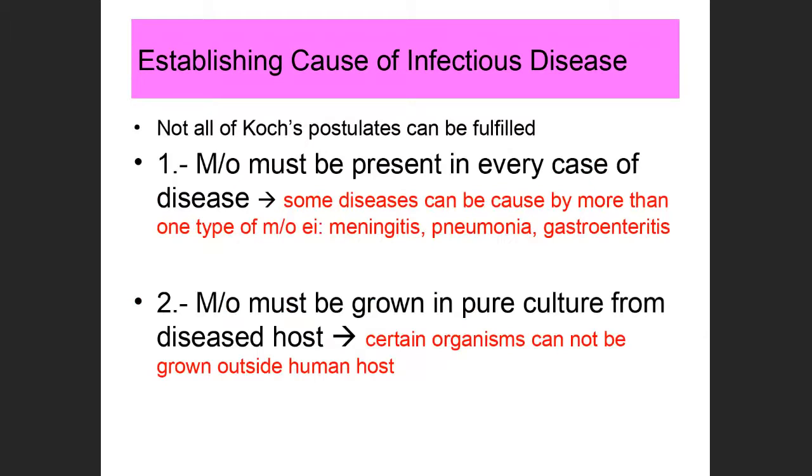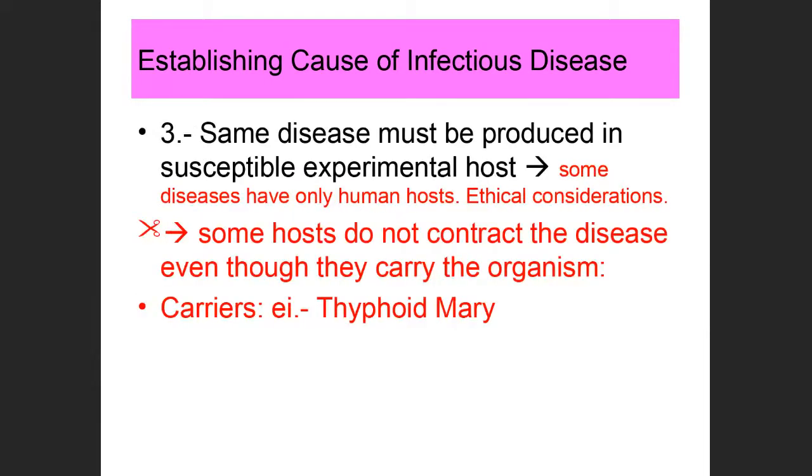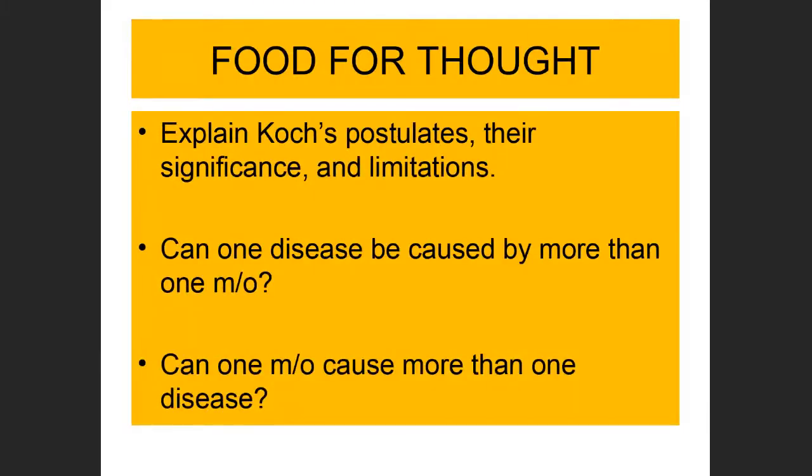You may hear at some point or another, HIV, it's never been proven that the HIV virus causes AIDS. And that is true because we have never done Koch's postulates with the HIV virus because of ethical considerations. But there are other means to show that a particular virus or microorganism causes a disease that doesn't necessarily involve Koch's postulates.